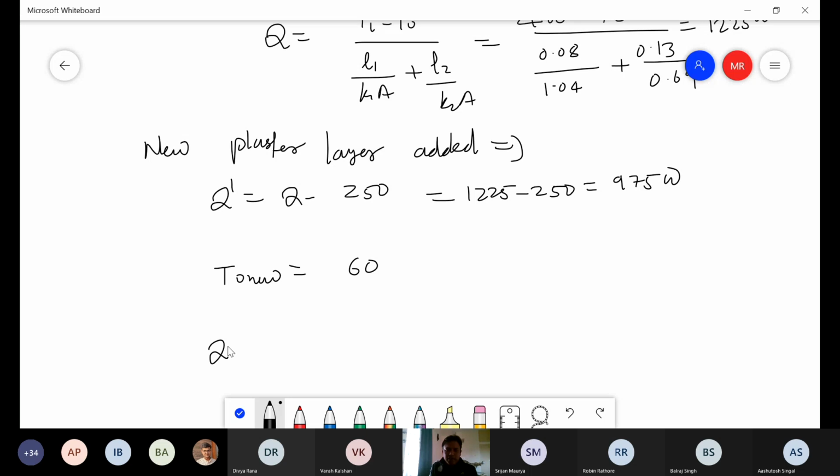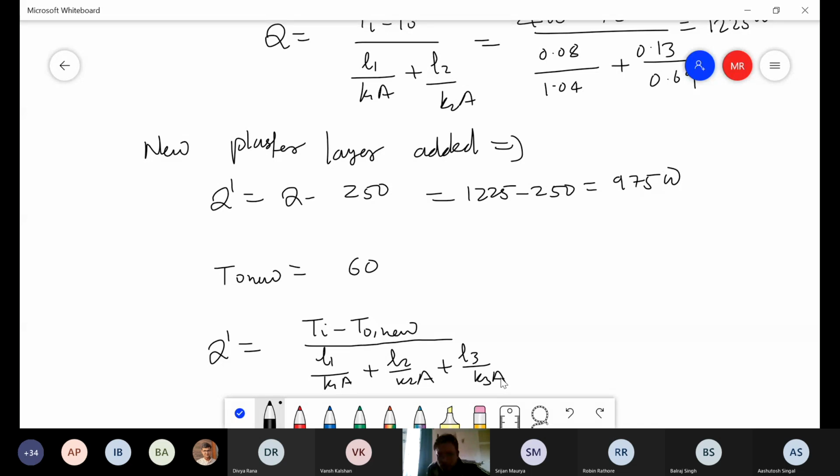So Q dash is given as Ti minus T naught new divided by L1 by K1A plus L2 by K2A plus L3 by K3A. This is the same expression which we have derived for the composite wall, isn't it? So we can now put all the values here.